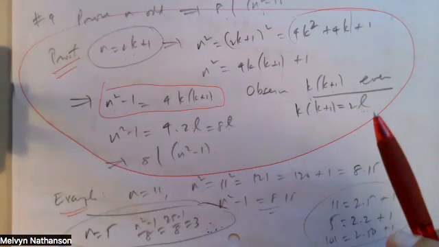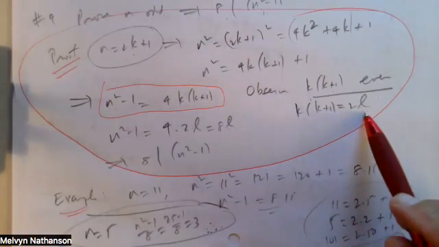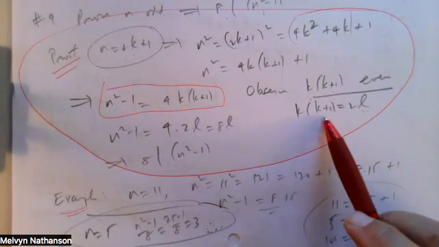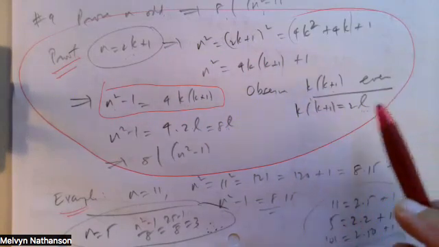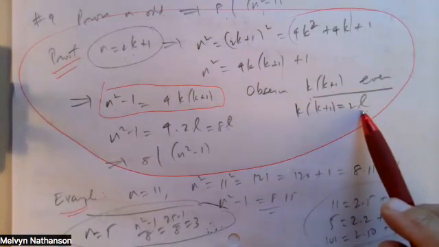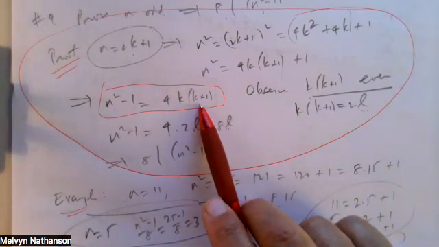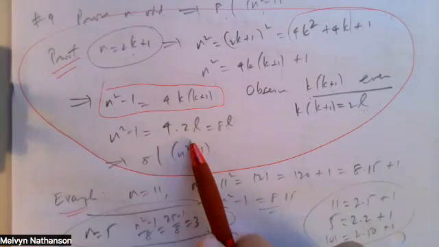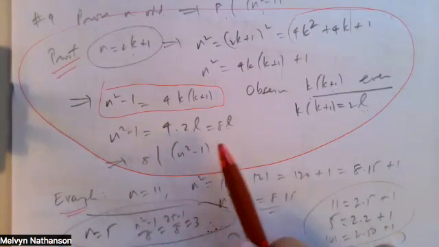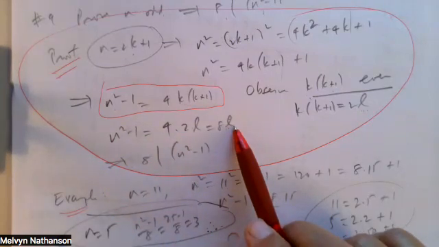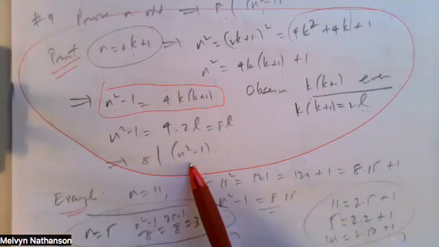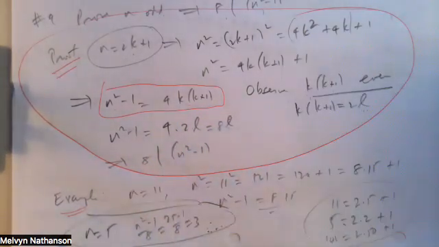The definition of an even number is one which is 2 times something. So k times k plus 1 is equal to 2 times L for some integer L. So I can replace k times k plus 1 by 2L. So I get n squared minus 1 is 8L, which means exactly that 8 divides n squared minus 1.